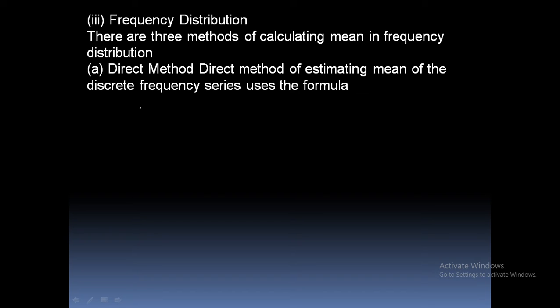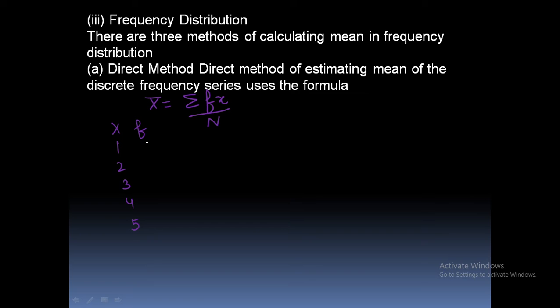In direct method, we use mean is equal to sigma fx over n, and we can take the same example. X is equal to 1, 2, 3, 4, 5.